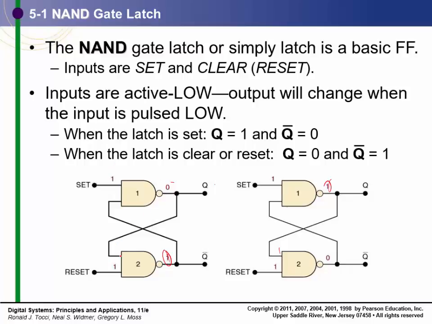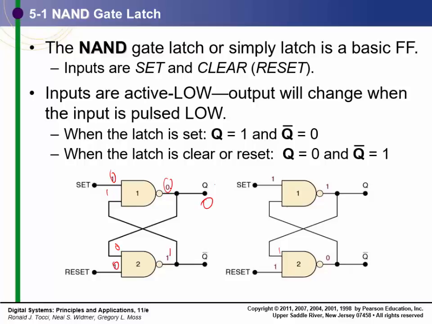Let me go through this again. We assume that at this point the output Q is a 0. If this is a 0, and this is a 1, and this is a 1, that puts a 0 here, and that's going to put a 1 here, which puts a 1 here, which keeps the 0 there.